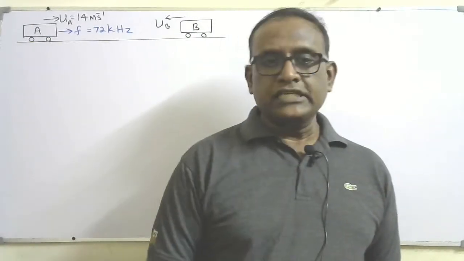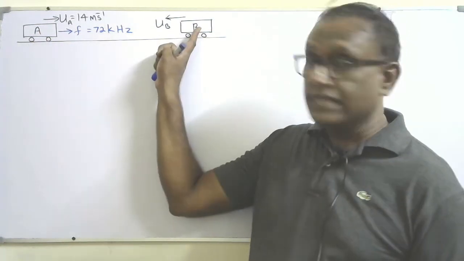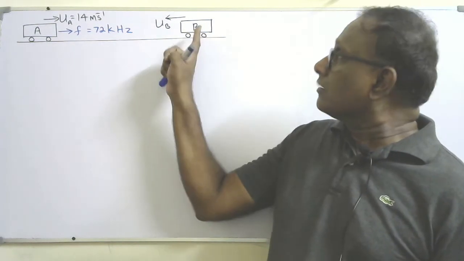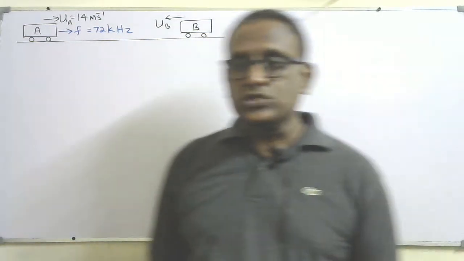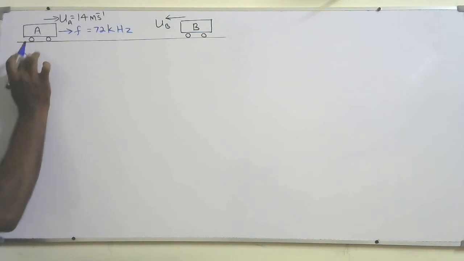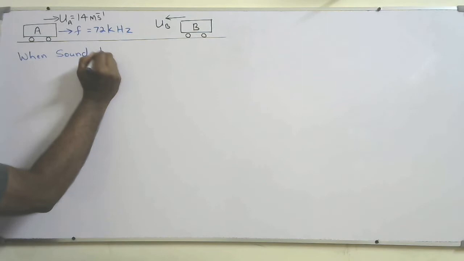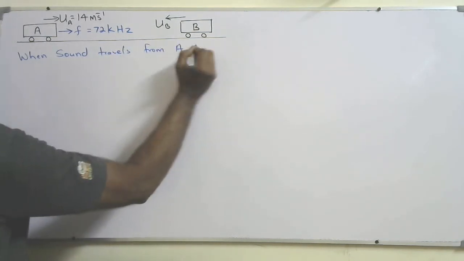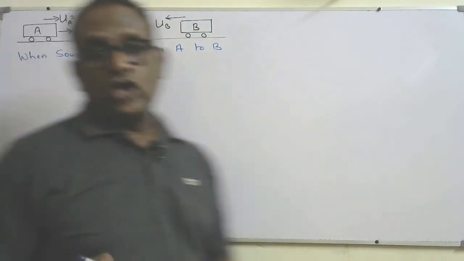In this question, when the wave travels from A to B, A is the wave source and B is the observer.